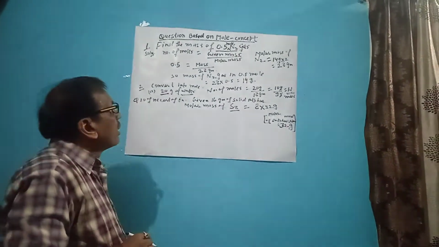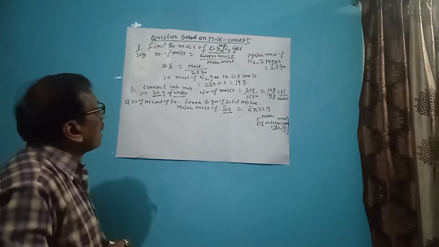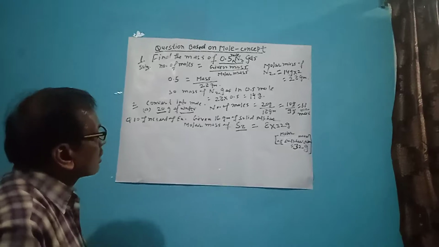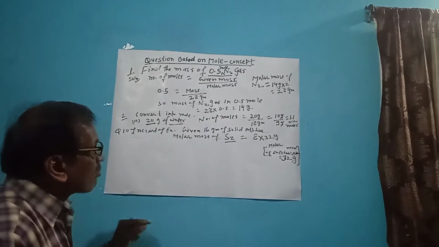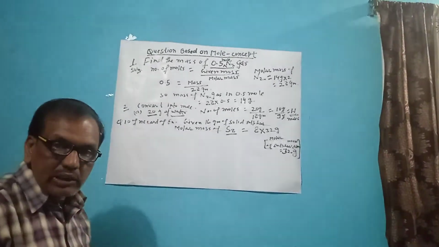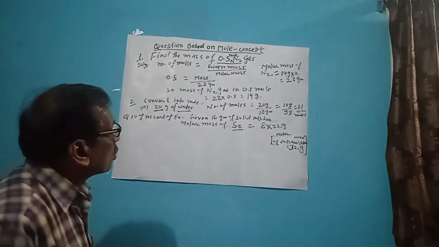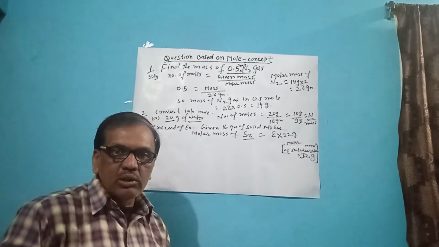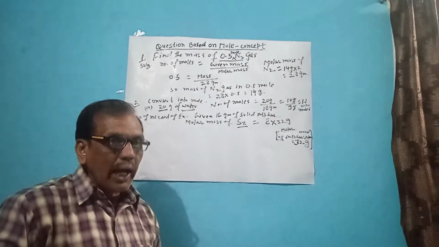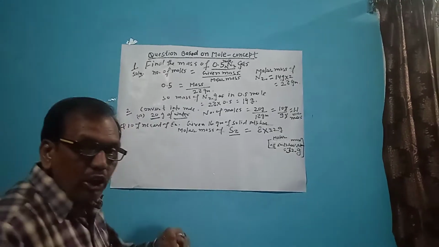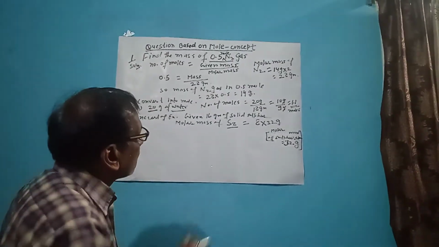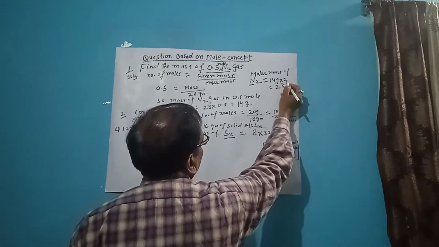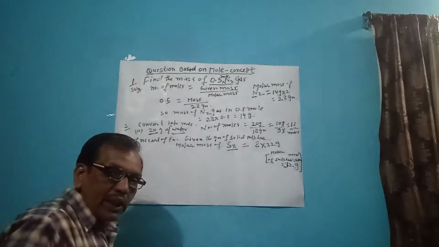Students, it is known to you that for N2 gas, the molar mass is the atomic mass of nitrogen expressed in gram into 2, because the atomic mass of a nitrogen atom is 14 gram, and in N2 gas there are 2 nitrogen atoms. So multiply 2 into 14 gram.